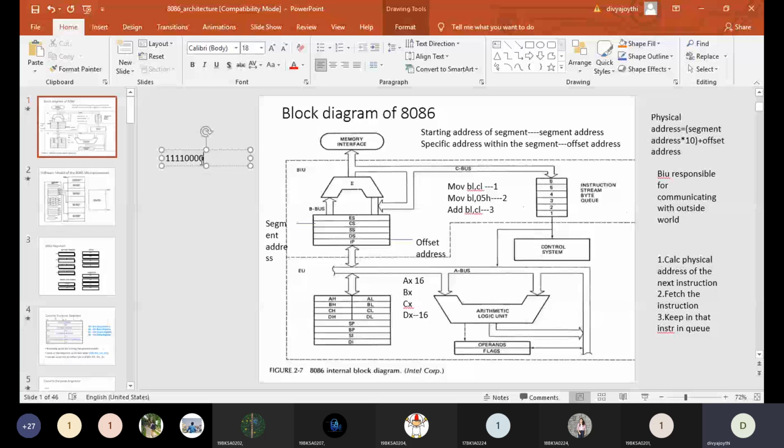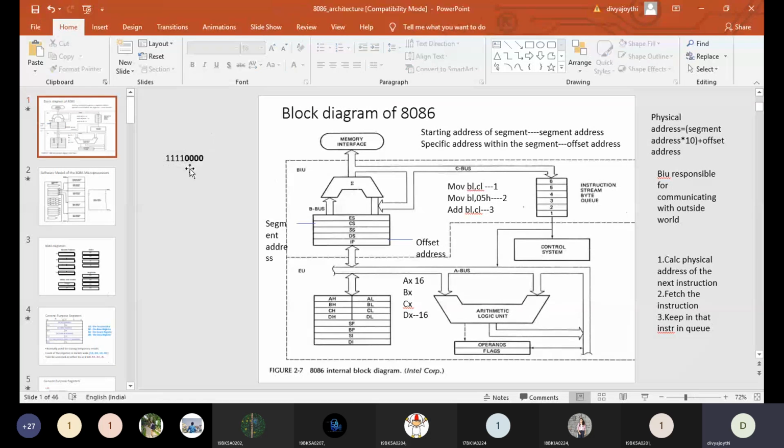So the first 4 bits are called the lower bits. So among these 8 bits, which 4 bits are called the lower part of that particular binary number? The 4 zeros, ma'am. These 4 zeros will represent the lower part and the 4 ones will represent the higher part.